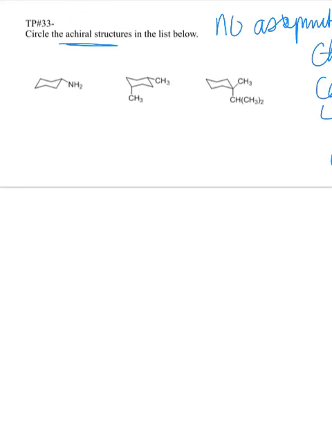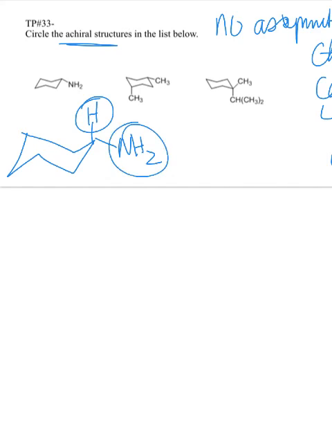When you're doing a ring, I'll draw this one out. If you can go and meet, so this is one thing that's different, that's 2 things that's different because hydrogen is not an amine. But if you can go to each one, these are the same, these are the same, and these are the same, and you meet in a ring and you haven't seen anything that's different, that means it's achiral because you do not have an asymmetric carbon. You have no chiral carbon, no asymmetric center. So that would be achiral.